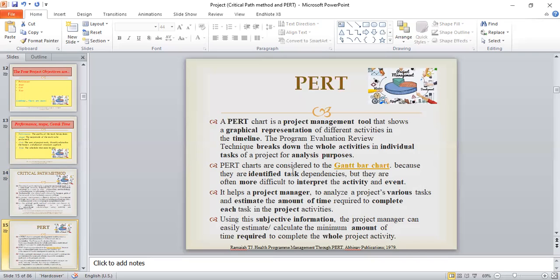PERT charts are most commonly compared to Gantt bar charts because task dependencies are readily identifiable, but they are often more difficult to interpret. It helps the project manager analyze various tasks and estimate the amount of time required to complete them. Using this subjective information, the project manager can easily calculate the minimum amount of time required to complete the whole activity.